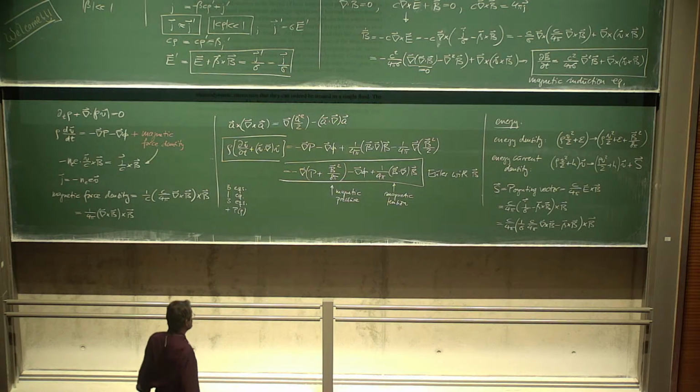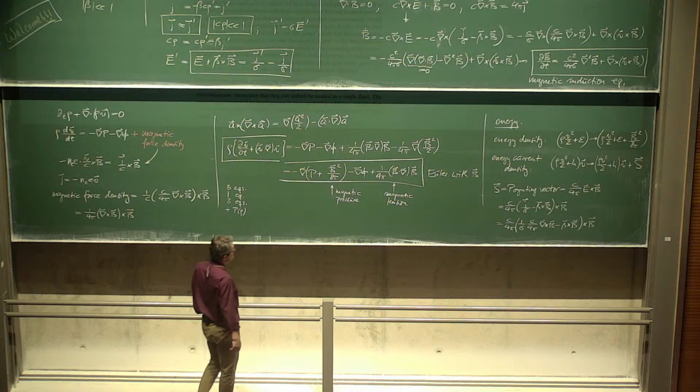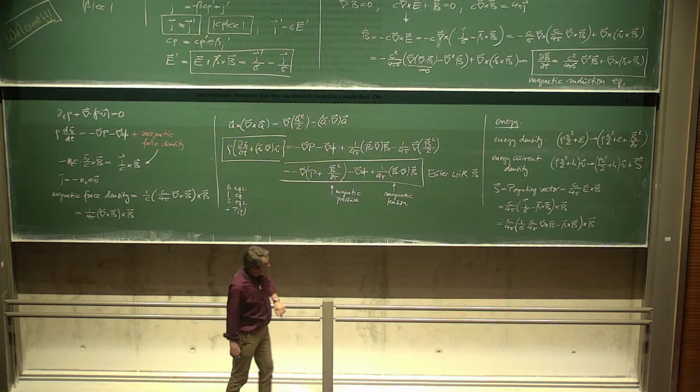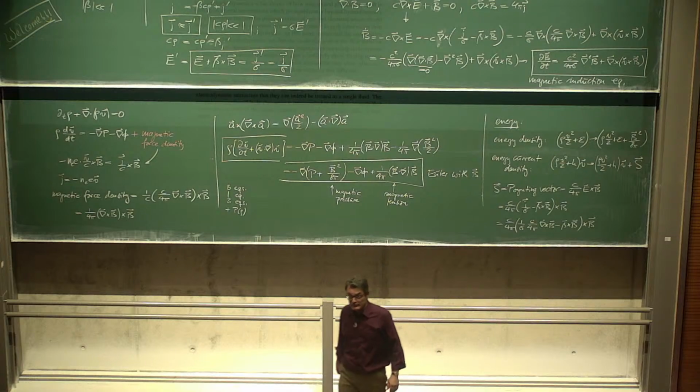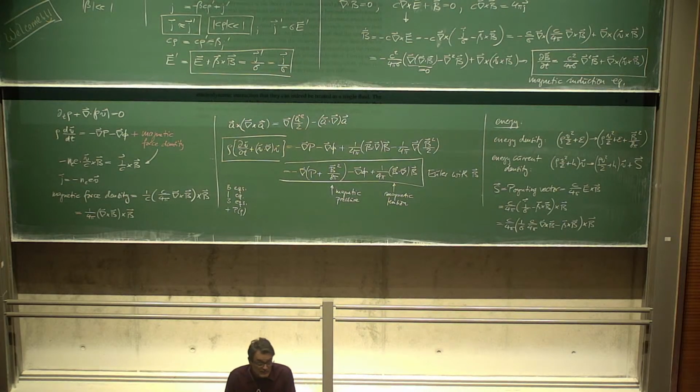So if you want to set up the complete set of equations, you add viscosity terms here, you add friction and heat conductivity terms to the heat conduction equation, and then you have a full set of equations. And then, of course, you need a computer because you can't handle them anymore. All right.